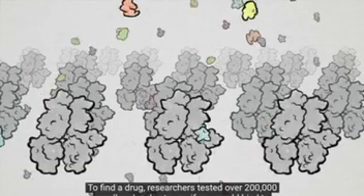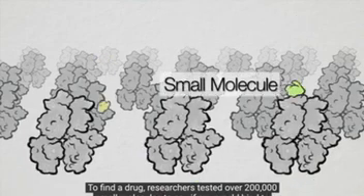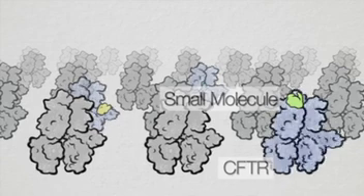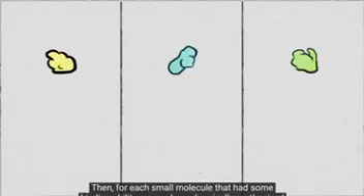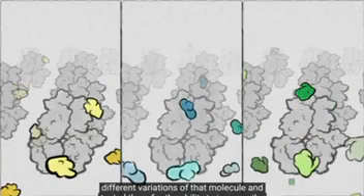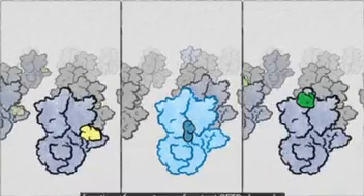To find a drug, researchers tested over 200,000 small molecules to see if any would bind to the CFTR protein. Then, for each small molecule that had some binding ability, researchers chemically synthesized different variations of that molecule and tested them for the ability to improve the function of some types of mutant CFTR channels.